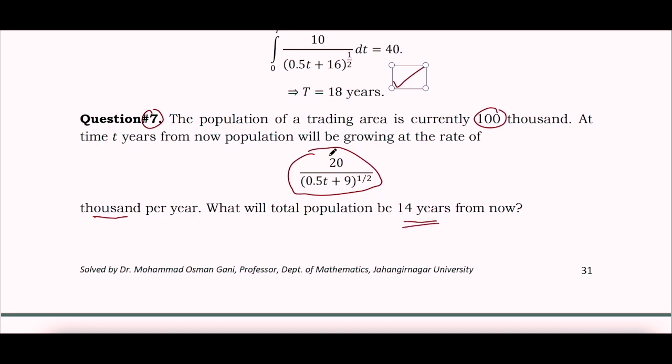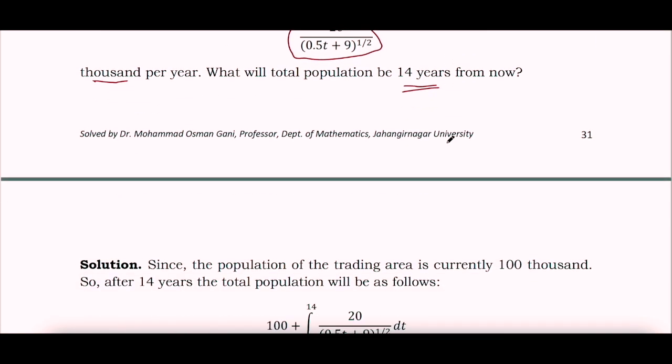So you need to integrate this rate function from 0 to 14 to get the increased population. And you add 100,000, because 100,000 is the initial population, today's population in the trading area, and you will get the total population in 14 years.